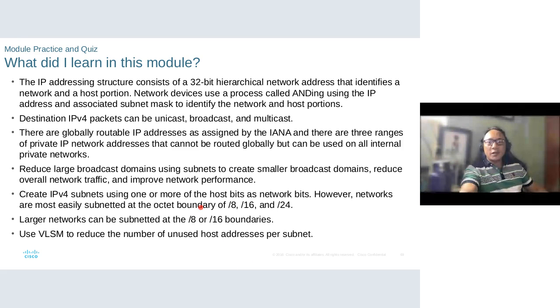So here are the things that we learned from this topic, no? Module 11, medyo mahaba siya, 2 linggo natin diniscuss. So we talk about the IP addressing structure, and then the different types of addresses or IP addresses that we can create.